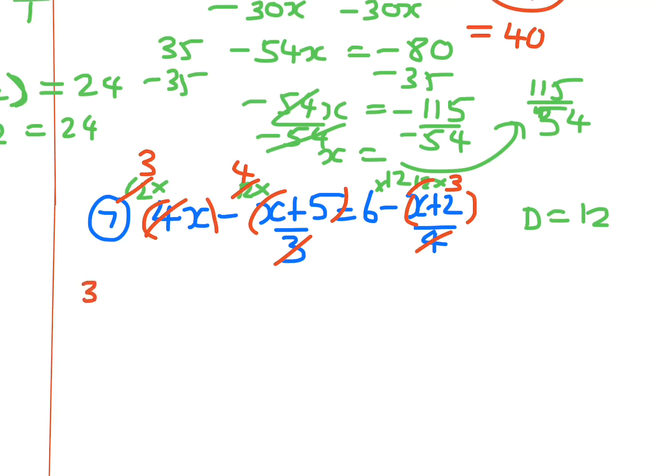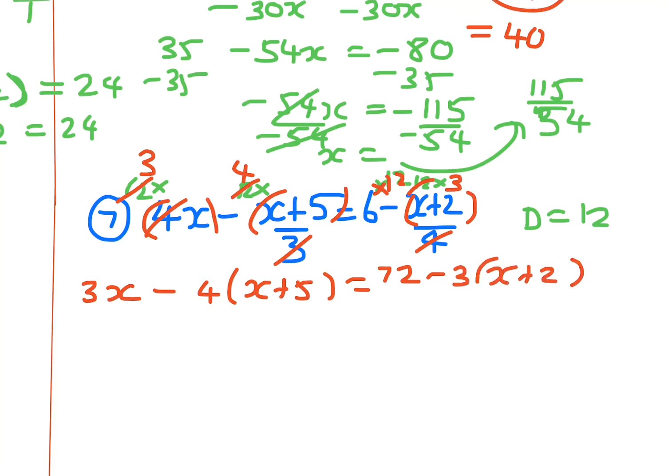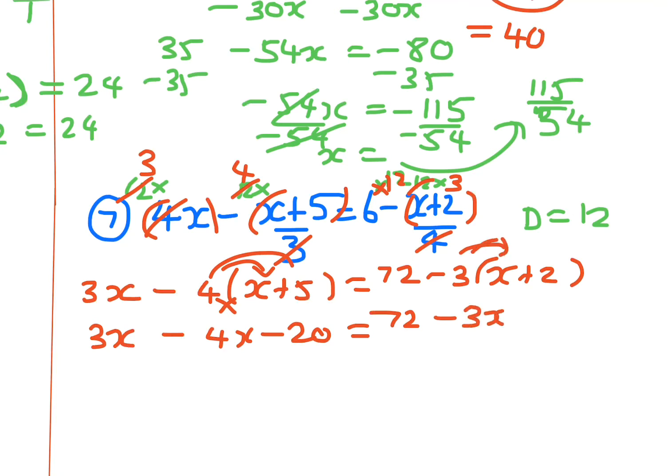So if I rewrite it, it's 3 times x is 3x minus 4, x plus 5 equals 6 12s, 6 times the 12 is 72, minus 3 times x plus 2. 3x minus 4x minus 20 equals 72 minus 3x minus 6.